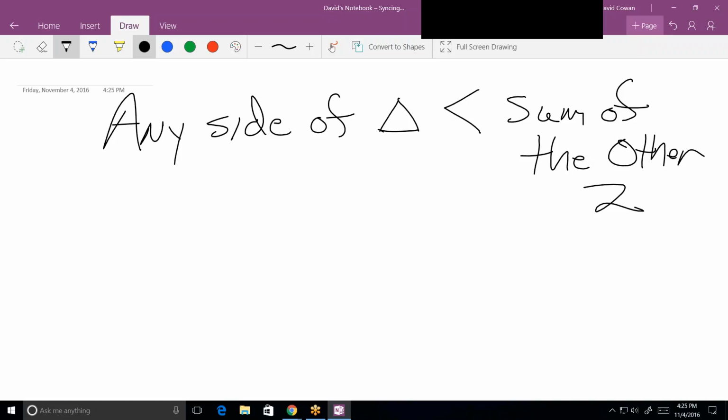And the converse of that: not only has to be less than the sum of the other 2, but it also has to be greater than the difference of the other 2.